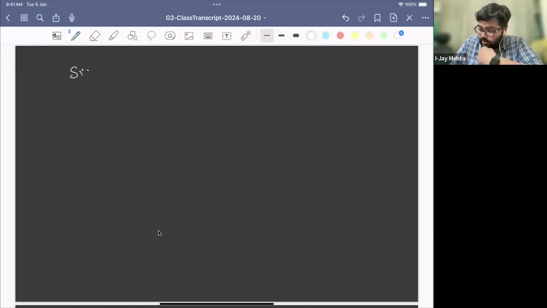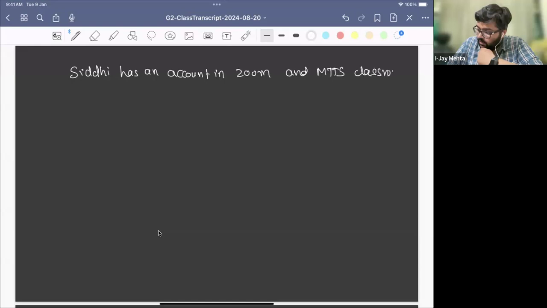Room number 3, Siddhi is there. So I'm saying Siddhi has an account in Zoom and MTTS classroom. Siddhi, is it true for you?